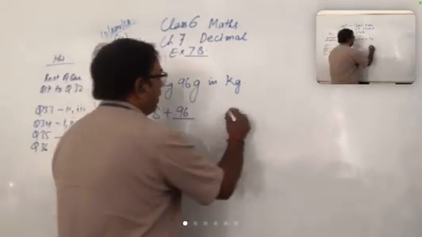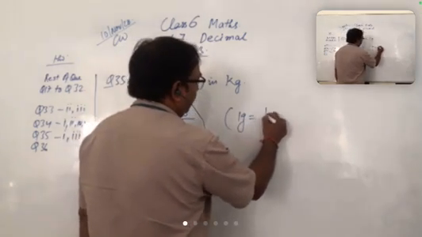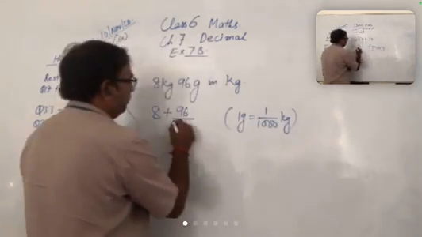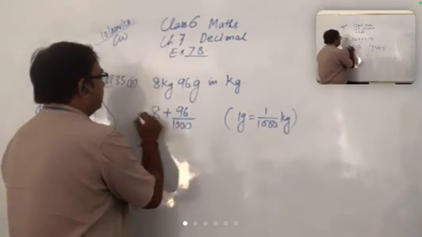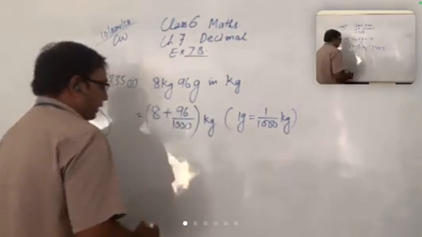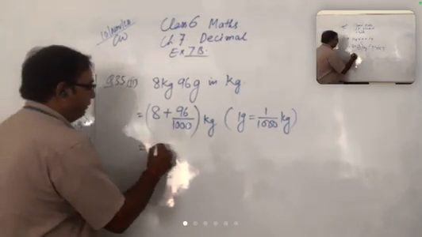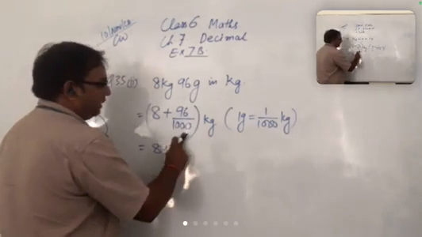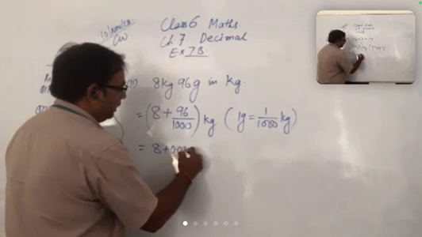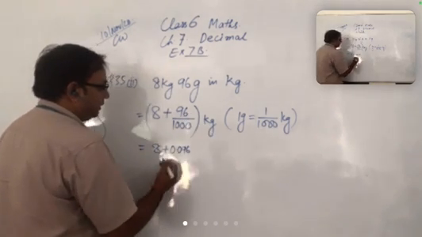Let us check. 1 gram is equal to 1 upon 1000 kg. So we write 1000 in a bracket. This is in kg. Now it will be 8 plus 96 upon 1000. So we can adjust the point according to the digits.